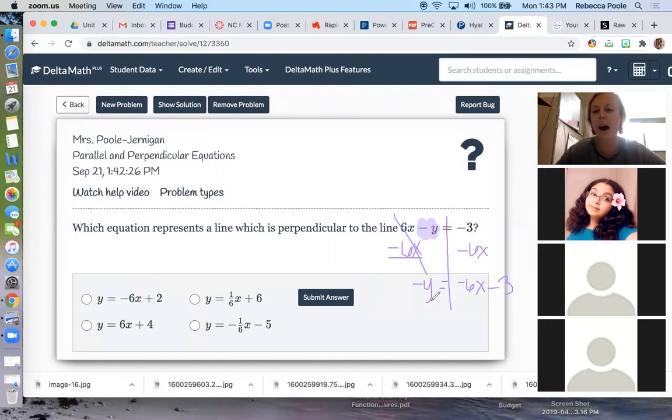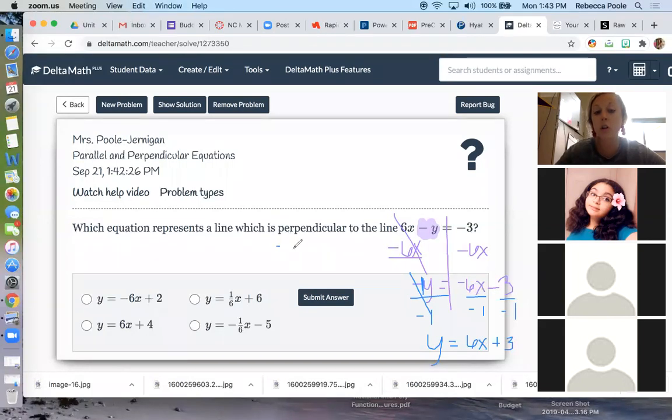How do I get this y by itself? Divide by negative 1. Good. Remember, there's an understood 1 in front of that y if there's no coefficient. So we're going to divide everything by negative 1. This would be one I would study too, though. y equals 6x, and then negative 3 divided by negative 1 is plus 3.